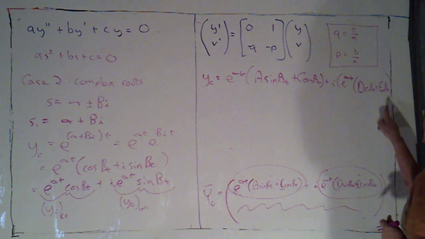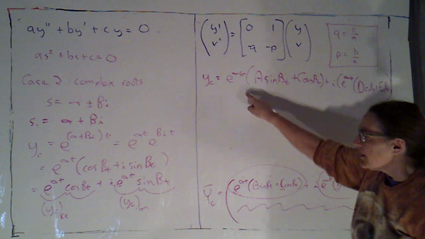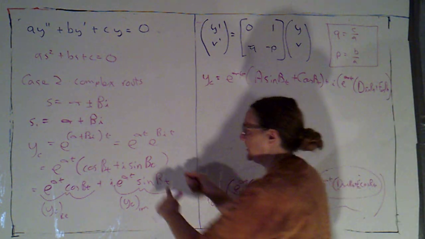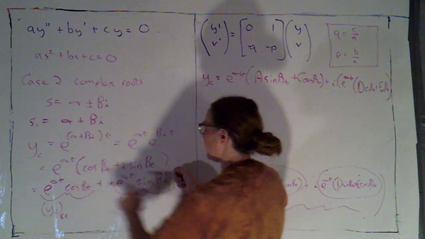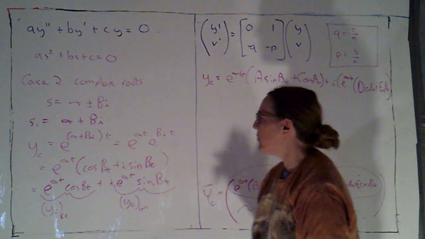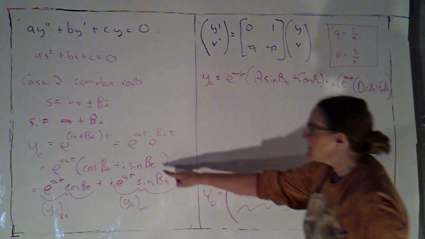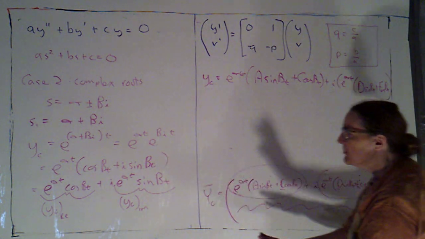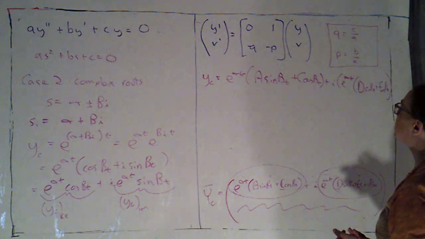Okay. Now, this solution doesn't look quite as simple as this complex solution that we had right here, where I had just one copy of cosine and one copy of sine. So this complex solution may or may not correspond exactly to what we get right here.